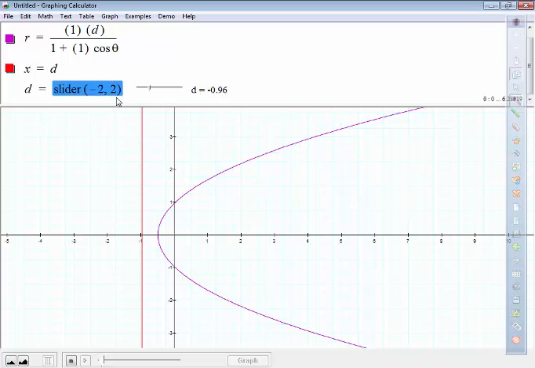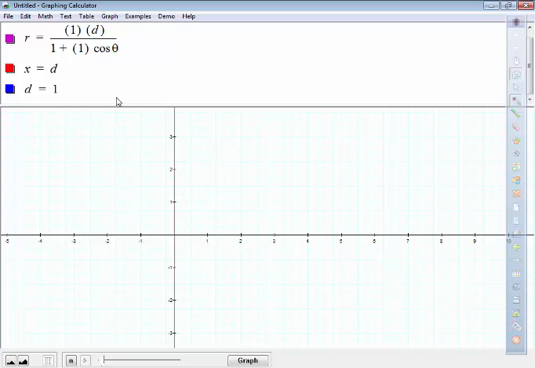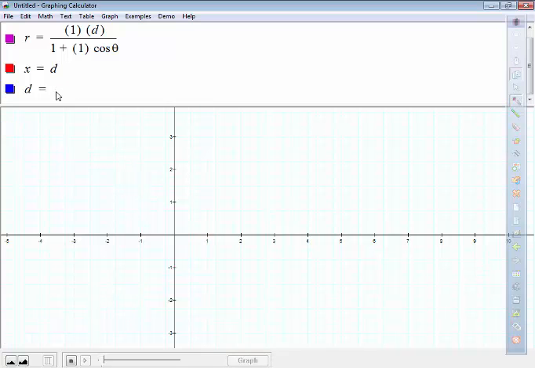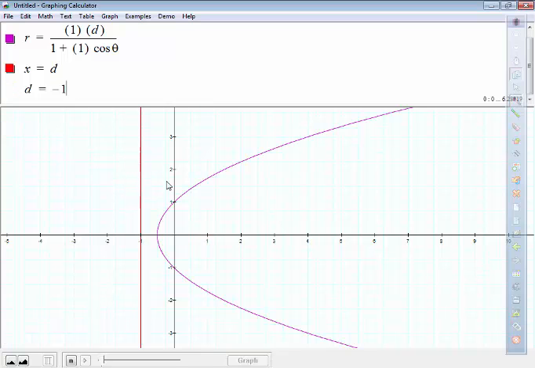All right, let me fix D over here, and D is equal to -1. Let's go to -1. Let me fix D and start changing the eccentricity E. I can't use E because E is like the natural number here.